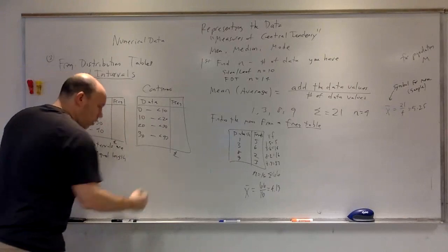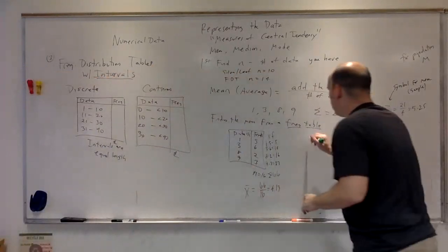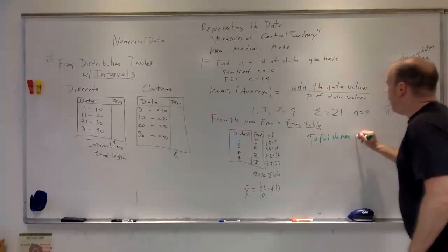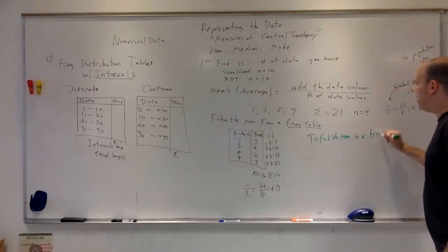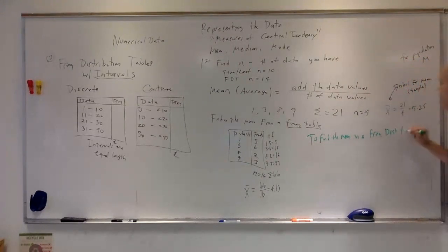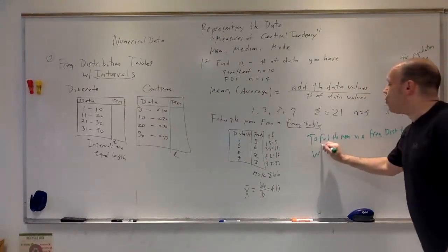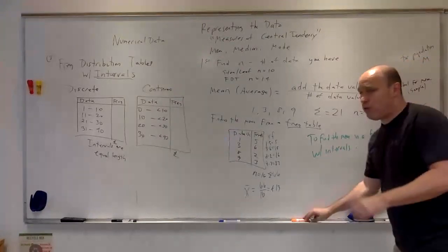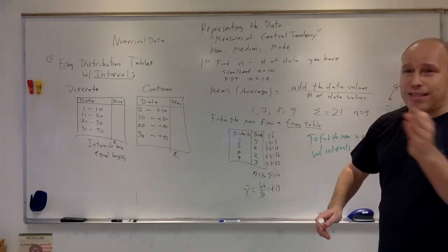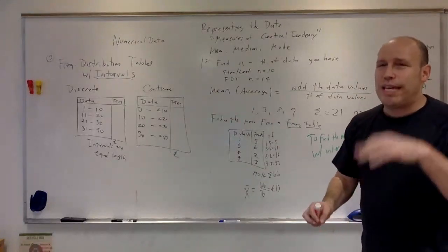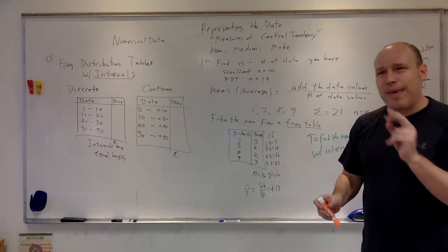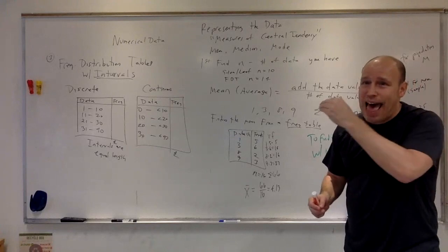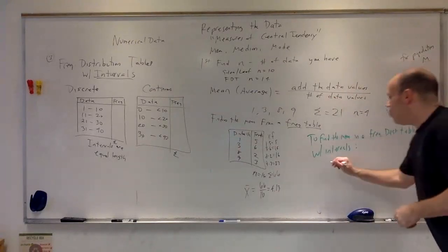So to find the mean in a frequency distribution table with intervals, you basically use the average of the max and min of the interval to represent every point in that interval.